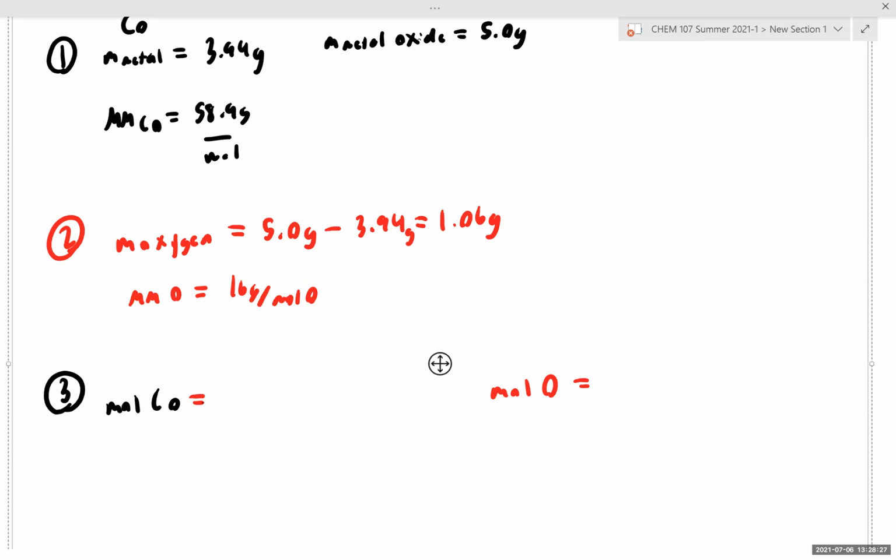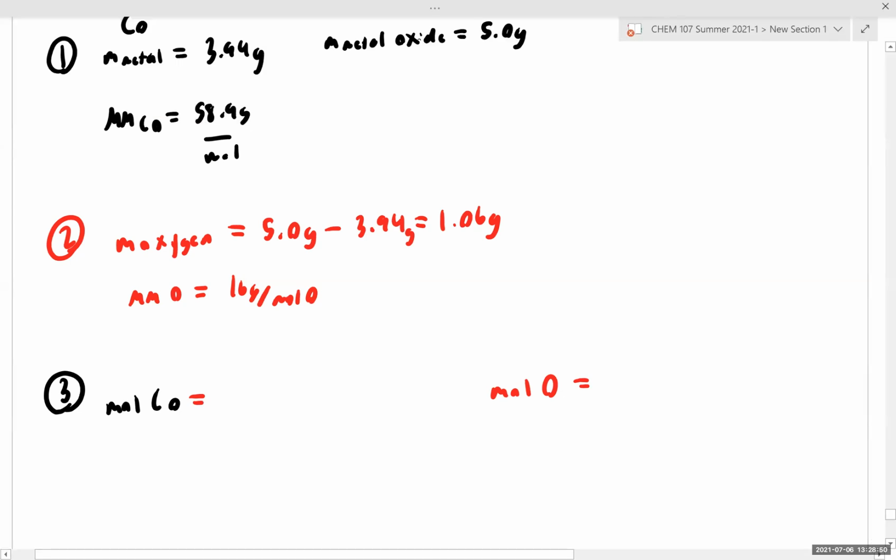So we know the mass of cobalt and we know the molar mass. So how many moles of cobalt do we have? We know we have 3.94 grams over the molar mass. Okay. Molar mass is 58.9 gram per mole.